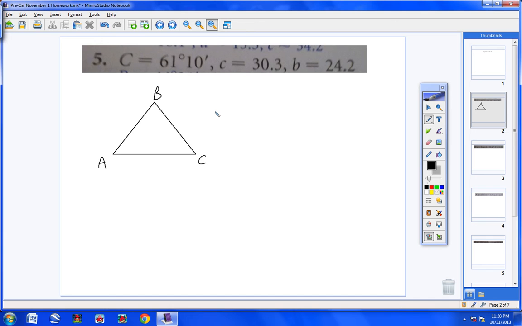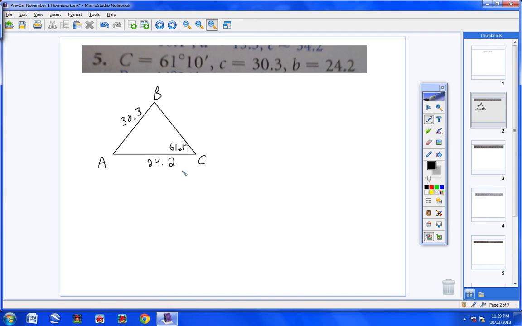I'm going to change C to a decimal real quick. So let's see, 1 divided by 6.17. So angle C is 61.17. Side C is 30.3. And side B, little b, is 24.2.